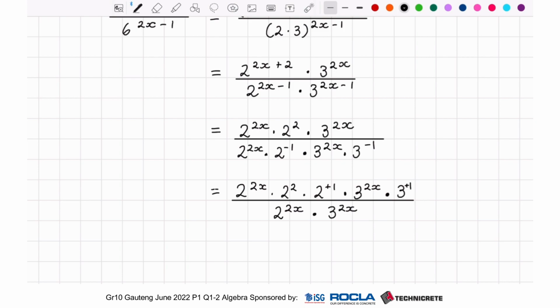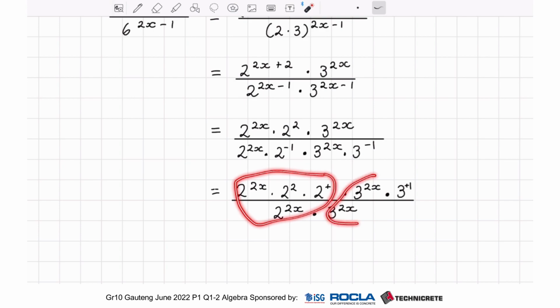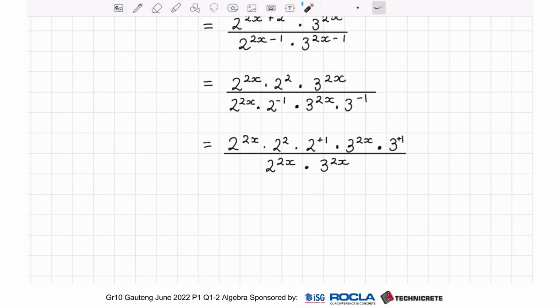Okay, and now that I've got all like bases, so I've got some base 2's and I've got some base 3's, I can use my exponent laws to add or subtract the exponents. So for all of the base 2's, the ones that are in the numerator, which is these three, I'm going to add all the exponents together, and then the one that's in the denominator is going to have a negative exponent.